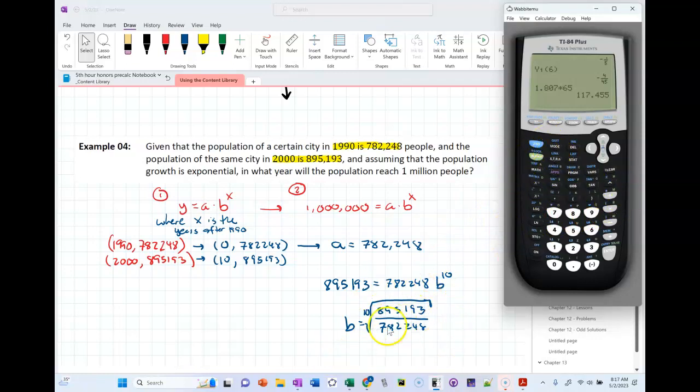So there's two ways to get that 10th root. You can type in the number 10 and then press math. Go to option 5 that allows you to edit the root and make whatever root you want. So you can do it that way.